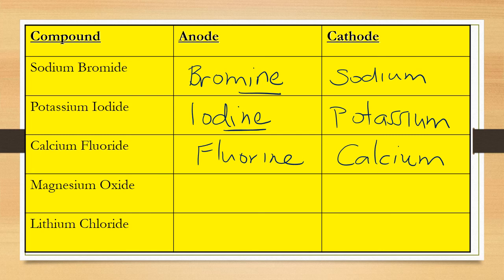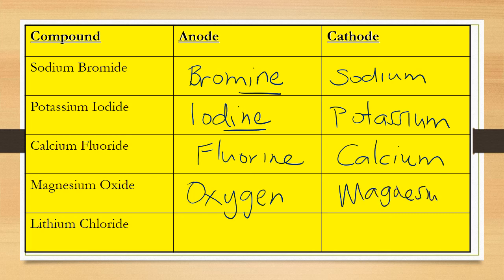Magnesium oxide is going to be oxygen and magnesium. And finally, lithium chloride gives chlorine and lithium. So hopefully you got 100% for that. If not, go back to the notes and analyze where you can improve.